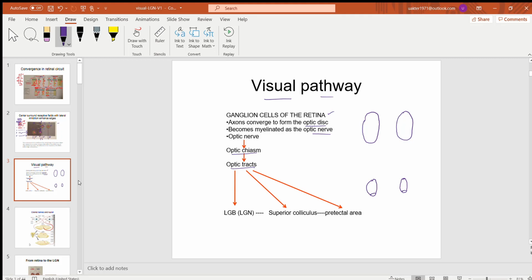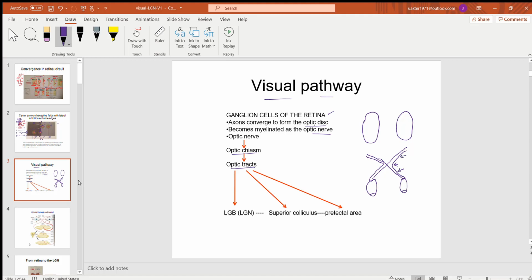Okay, so we know that there is crossover here, and also ipsilateral fibers go like this. Okay, so this is optic nerve, optic chiasm, optic tract, right?